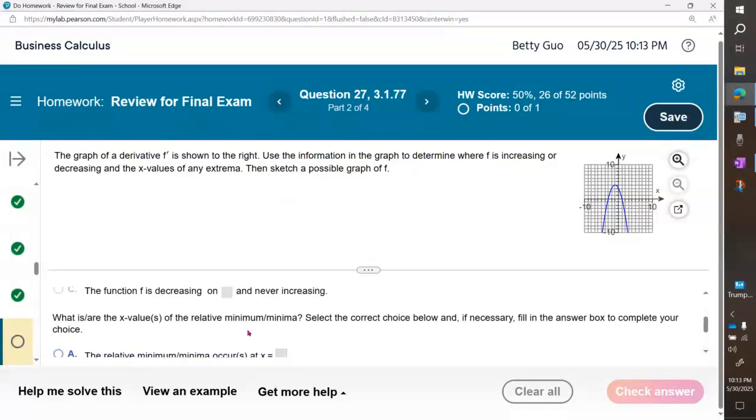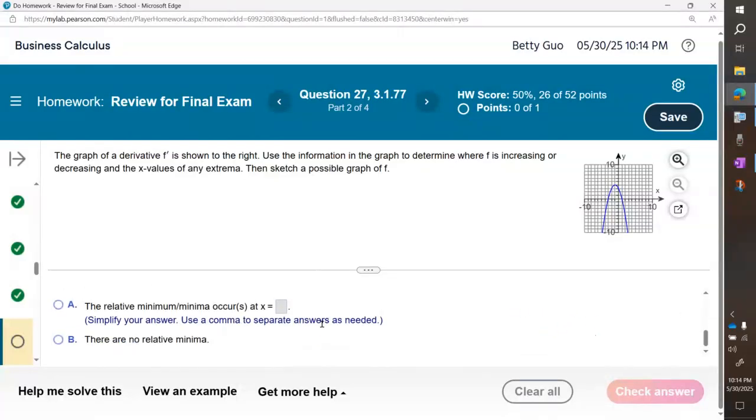Is that everything? No. Okay. What are the x values of the relative minimum or maximum? Select the correct choice below. If necessary, fill in the answer box to complete your choice.